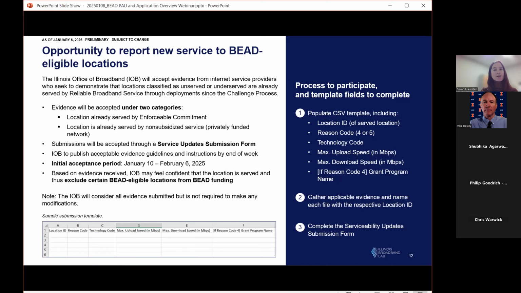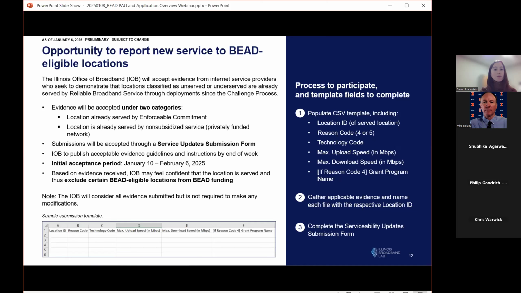A nuance here is that those locations will still be considered BEAD eligible, but it will be on the state to have the evidence to make available to NTIA if asked, showing that, despite it being marked as eligible following our challenge process, we have evidence that gives us confidence that it is actually served and thus doesn't need to be served using BEAD funding.